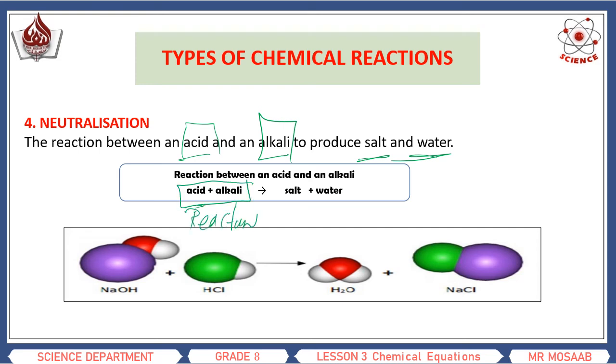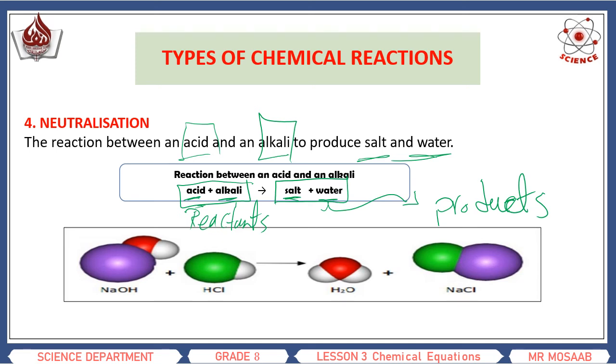We said it before, reactants, and after the arrow it's products. So the reactants in neutralization reaction are acid and alkali, and the products in neutralization reaction are always salt and water.